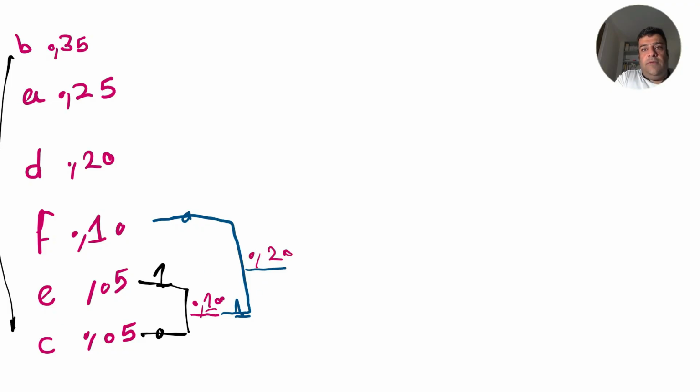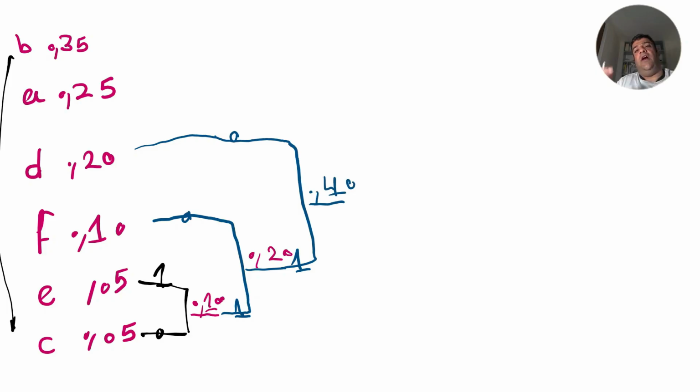But right now, what must we do? Yes, we must merge these two values together. 20 and 20: I put the label 1 here and 0 here. That is 40. We add the probabilities of the branches. But here, you see the 40% is more than 25 and 35. What must we do? It's so simple.